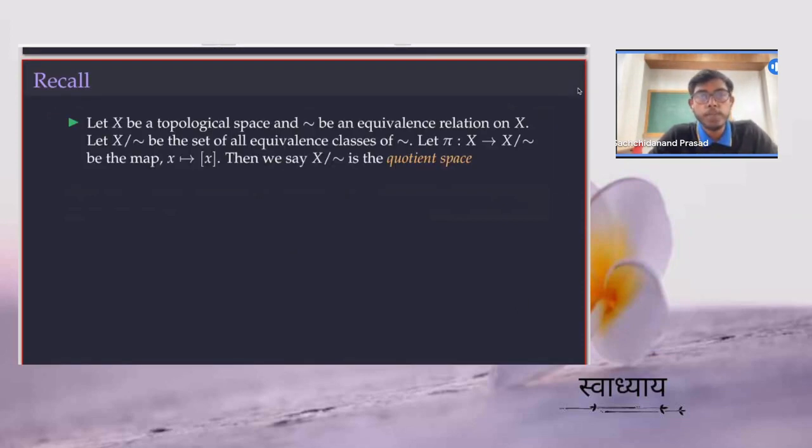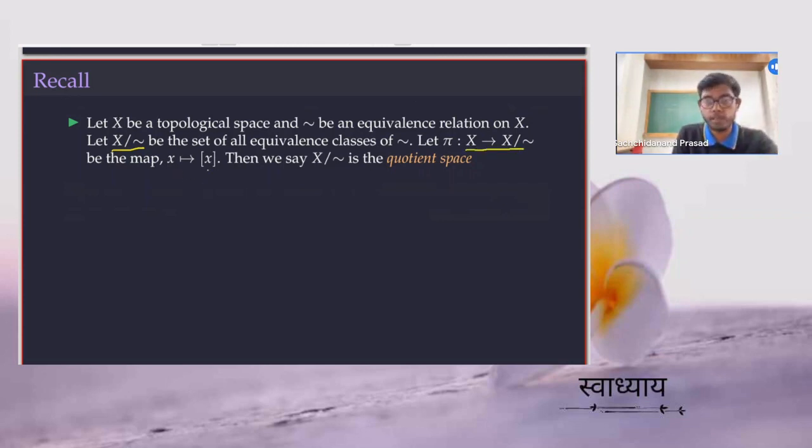So let's recall that if X is a topological space and tilde is an equivalence relation defined on X, then X mod tilde is the set of all equivalence classes on X, and we saw that there is a natural map from X to X mod tilde which sends x to its equivalence class.